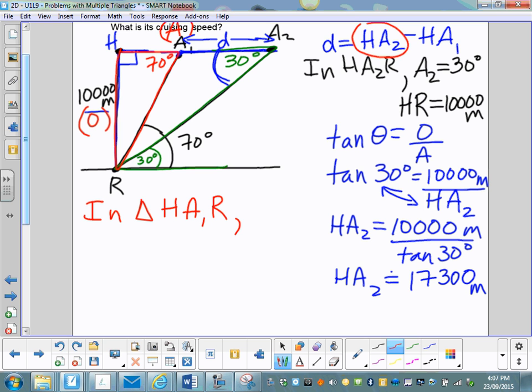And we can do that, again, using a Z pattern. So because this angle here is 70 degrees, this angle at the top, in the Z pattern, angle A1 is going to equal 70 degrees. And we also know, again, same thing, HR is equal to 10,000 meters.